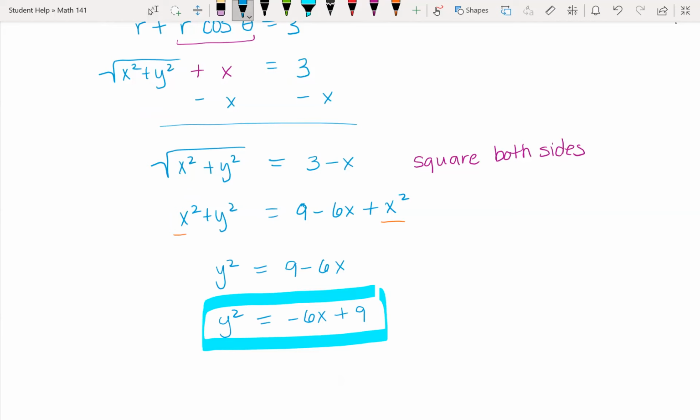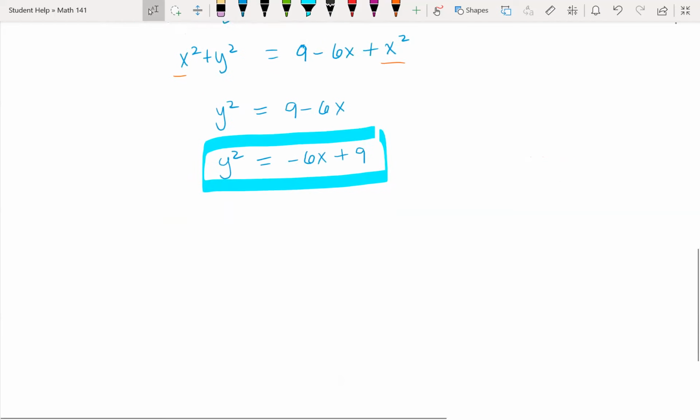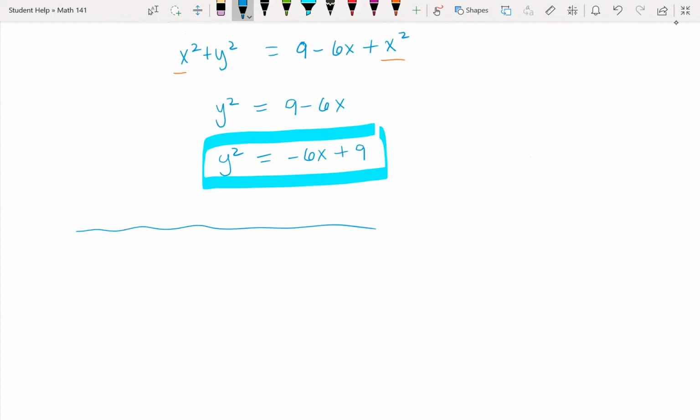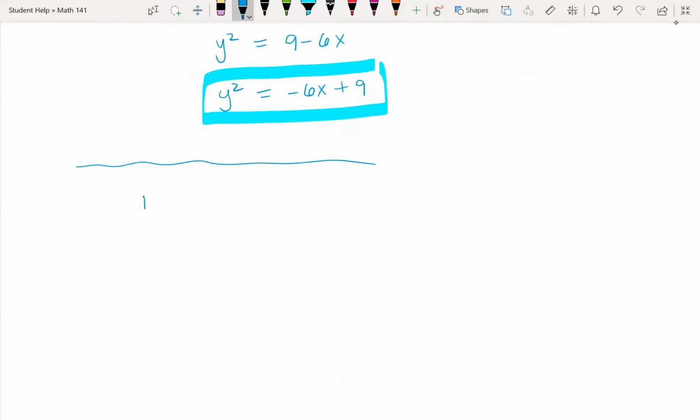All right, one final example for today. Let's look at r equals 2 over 1 minus the sine of theta. I don't like how this looks with the fraction. So I think I'm going to start by multiplying both sides by 1 minus sine theta, just to get rid of that fraction.